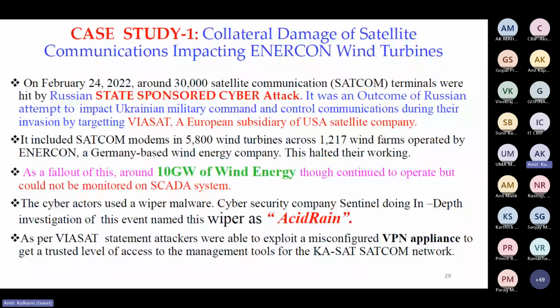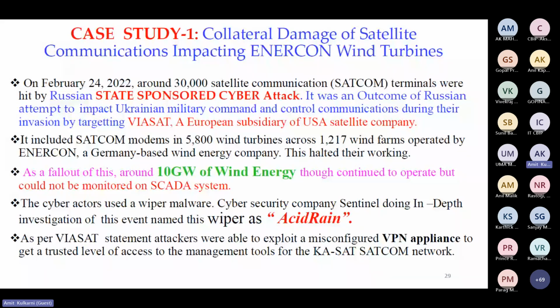So in that attack, many of the Viasat SATCOM modems, which are connected to the wind turbines, 5,800 in number and spread across 1,217 wind farms operated by Enercon company of Germany, got affected. This halted their working because the satellite communication system itself was attacked.